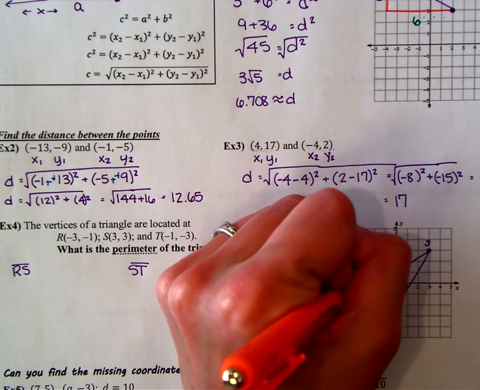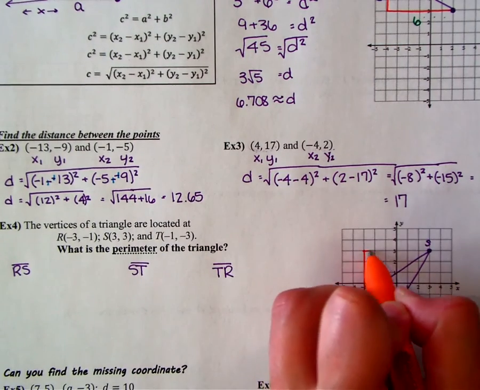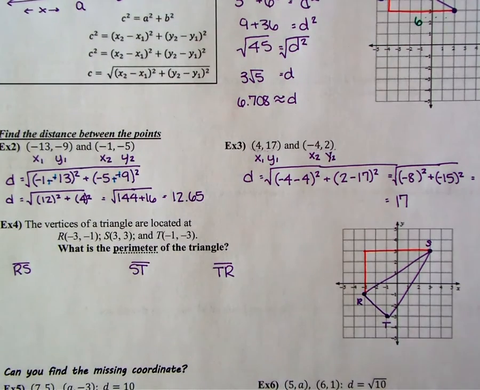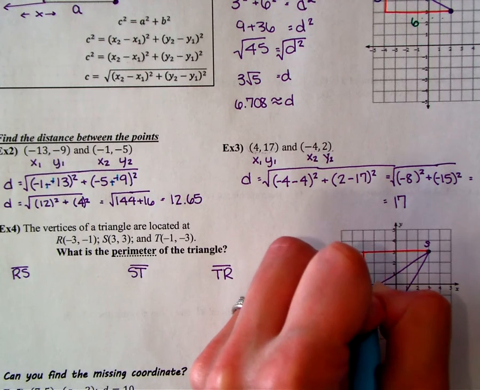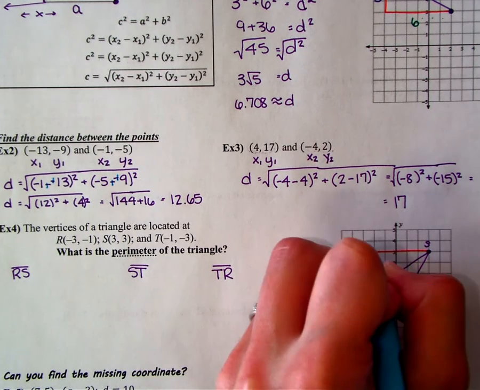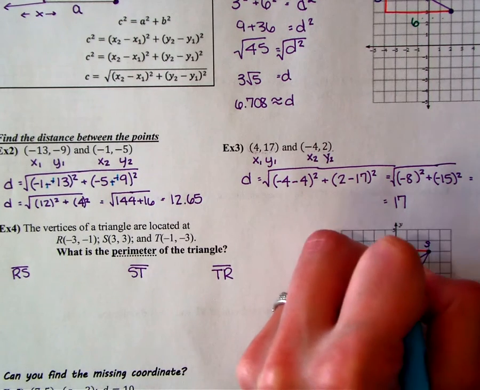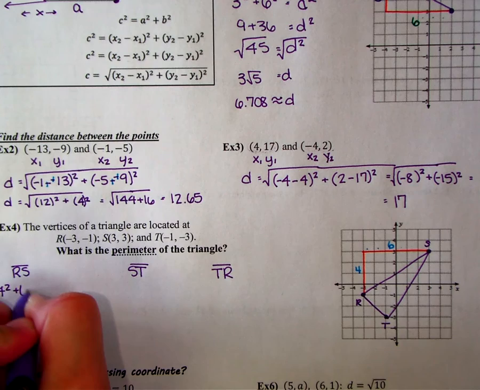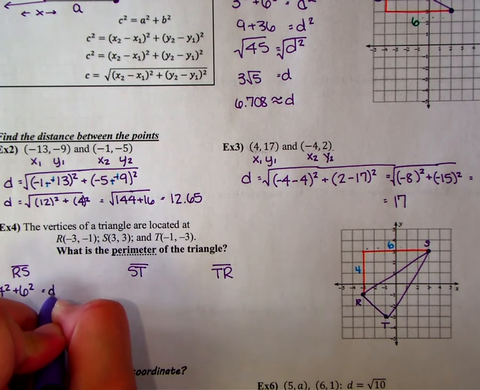So RS, I'm going to use Pythagorean theorem. So I've got a vertical distance of 1, 2, 3, 4 and a horizontal distance of 1, 2, 3, 4, 5, 6. So I'll have 4 squared plus 6 squared equals my distance squared.